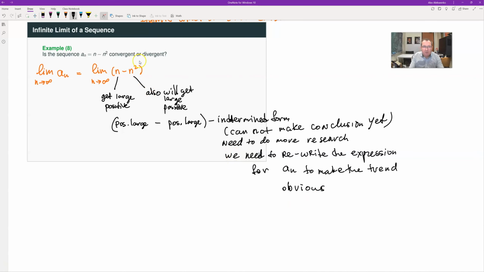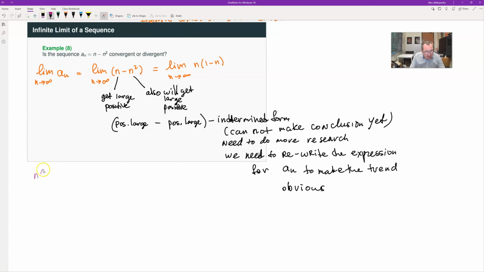Okay, so what can we do in this example? There are different things that you can do, and there's more than one way to solve it. One way to see the trend is to factor out n. So factor out n, and you have now n multiplied by 1 minus n.